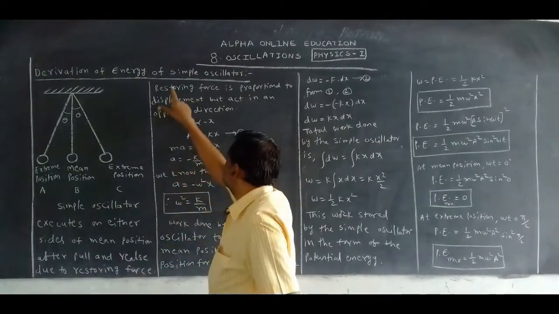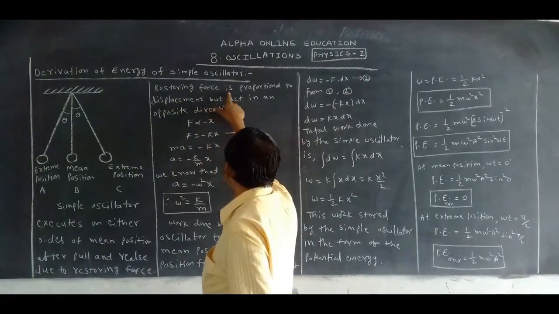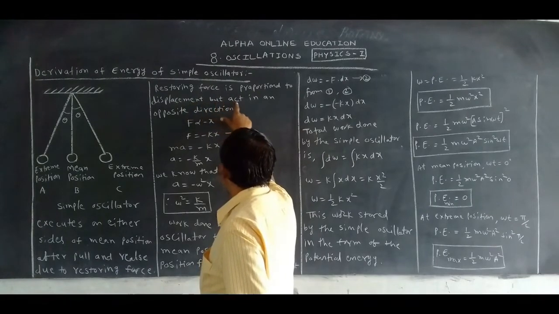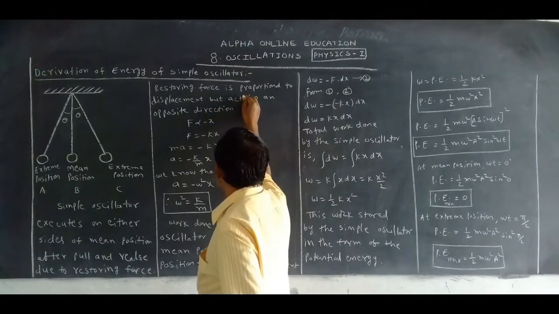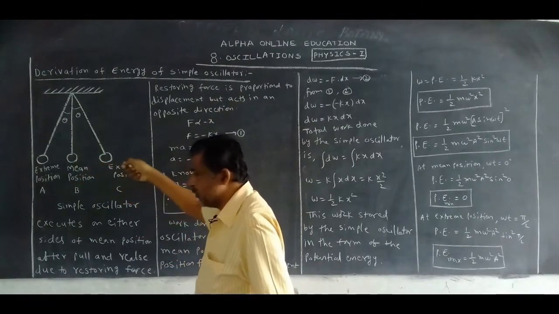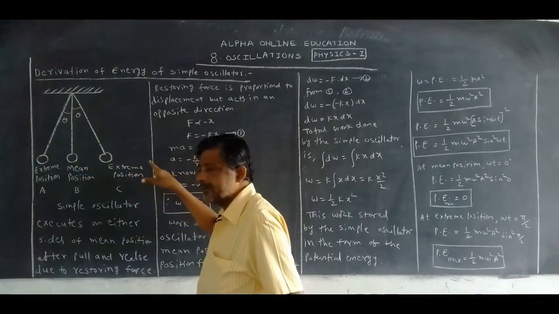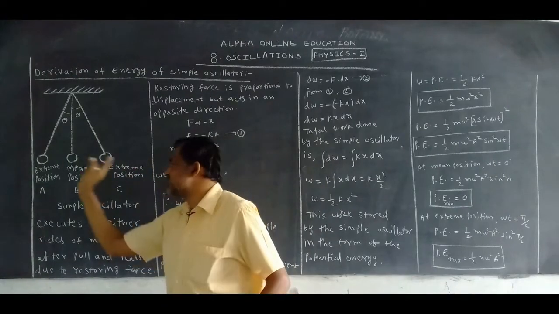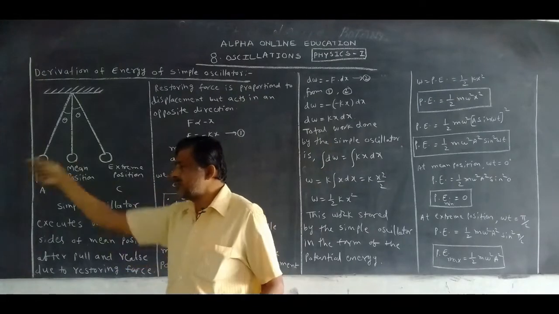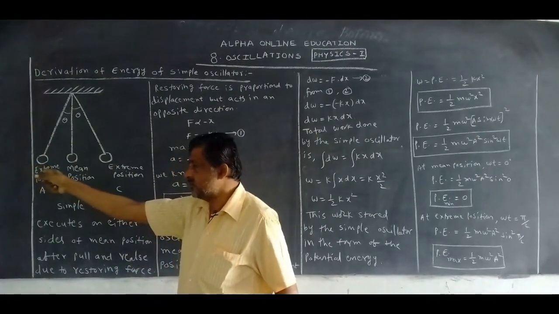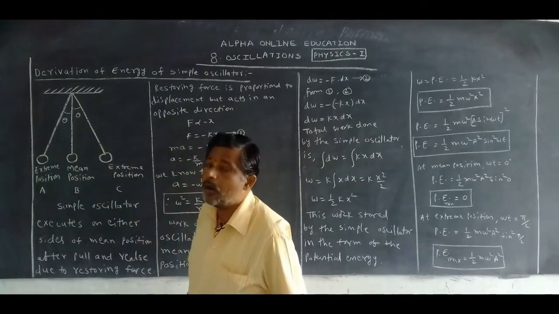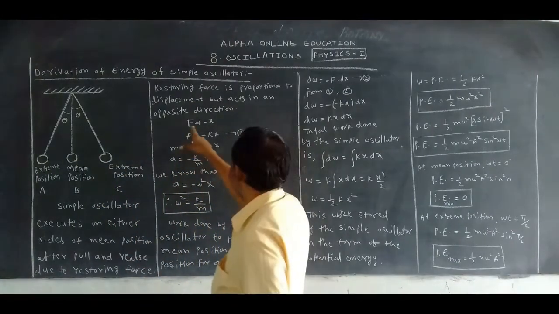Now, the restoring force is proportional to displacement but acts in the opposite direction. This is your pull, this is the displacement, but the restoring force acts in this direction. Displacement is in this direction, restoring force acts in this direction. So displacement and restoring force are in opposite directions. How can we express that?